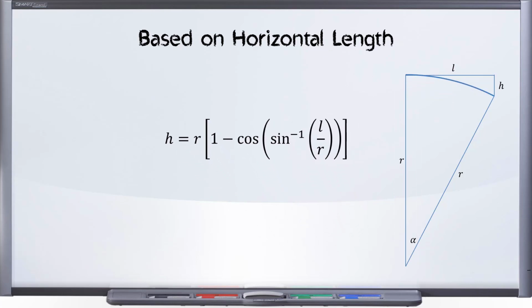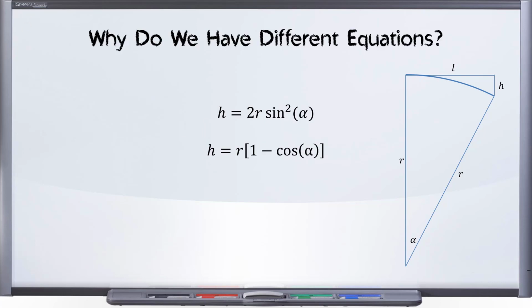It's a little uglier. I think it's a little uglier than the one I had. But the most notable thing that I found right away, and I was a little troubled by, is that this one is a 1 minus cosine, whereas mine was sine squared. Why do we have different equations? This is my equation.